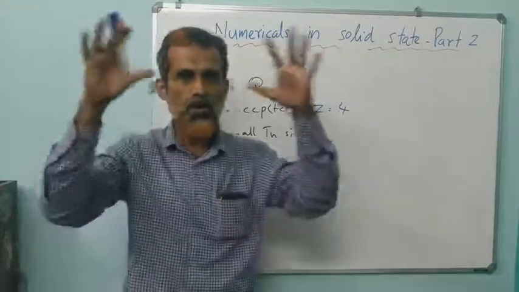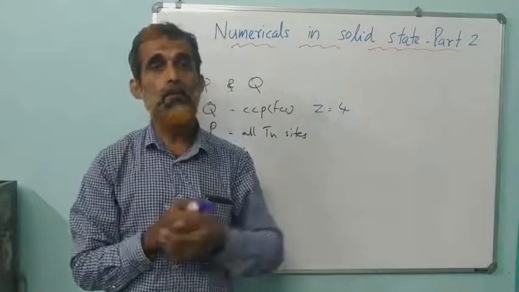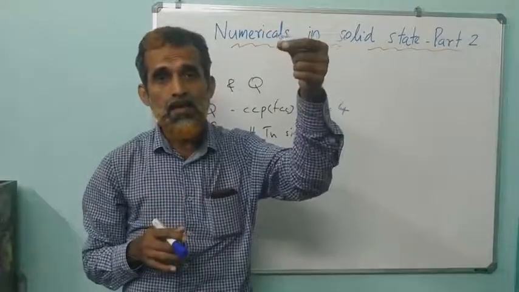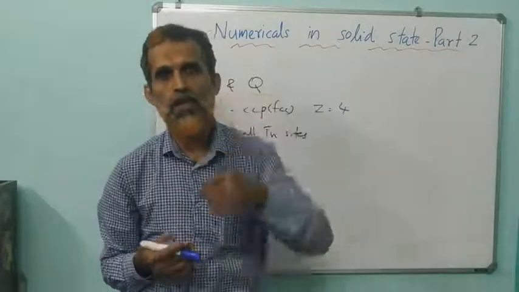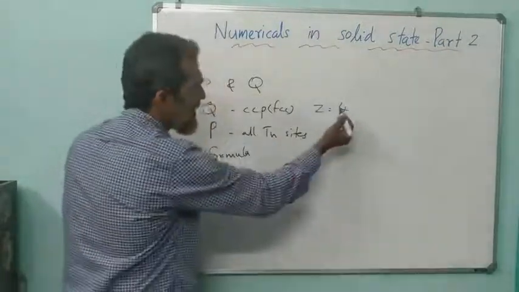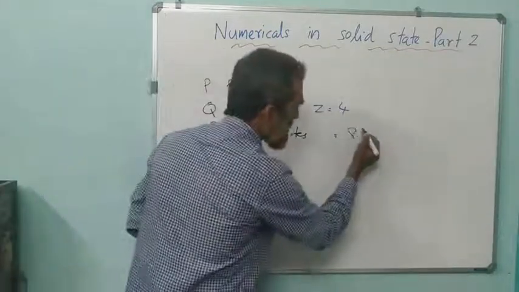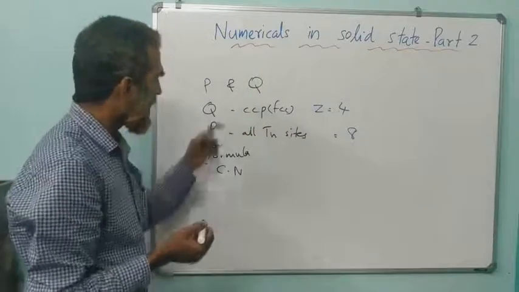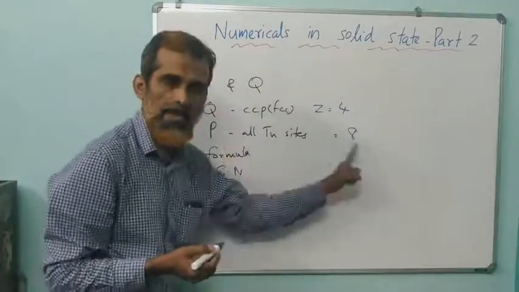I have shown you the position of all these tetrahedral voids, right? It will be behind the 8 corner particles. Each corner particle there will be a tetrahedral void. Anyway, so here Z will be what? 8. That means the compound contains 4 Q atoms and 8 P atoms.